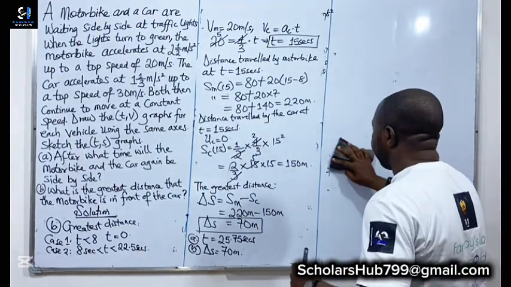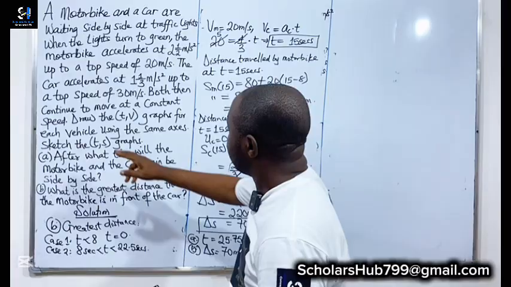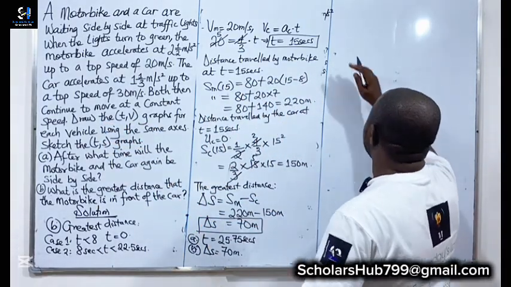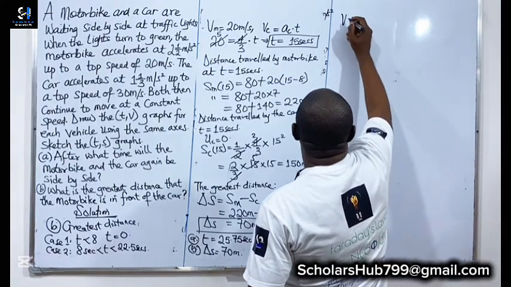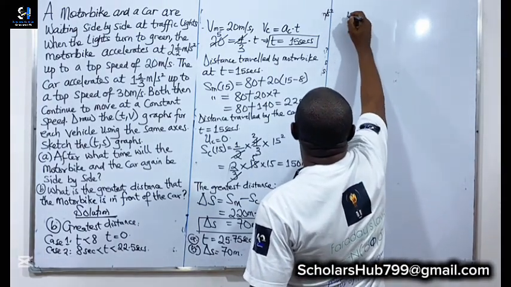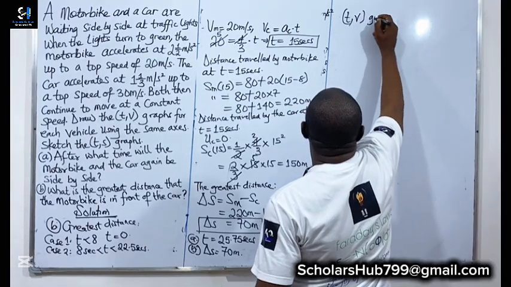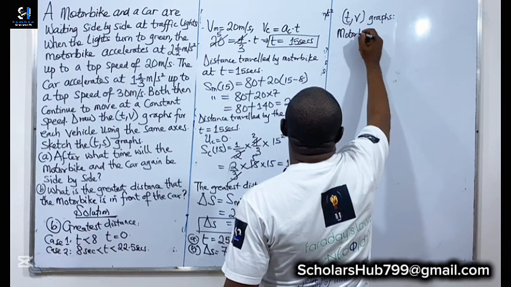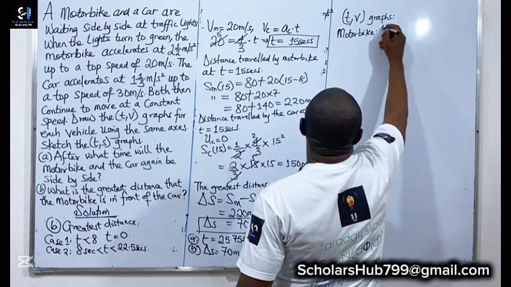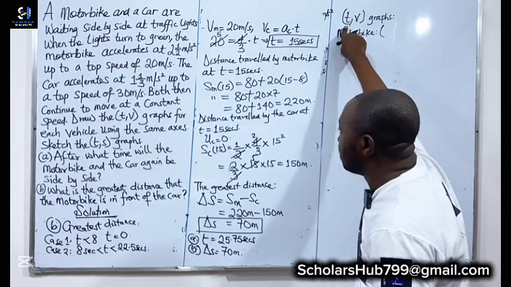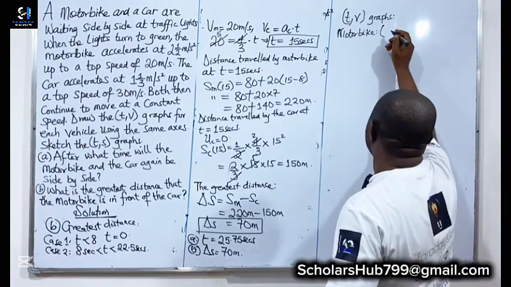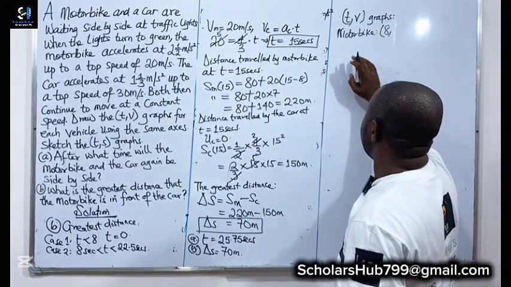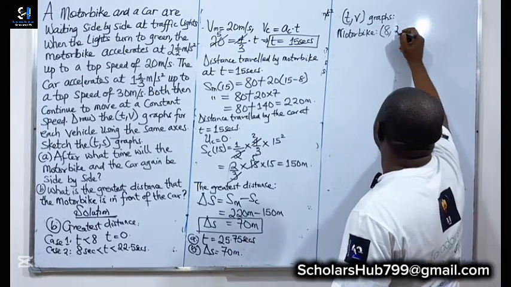Now in the question, we can see that it said draw the VT graphs for each vehicle using the same axis. So we have the VT graph. For the motorbike, the time we calculated was 8, and the velocity was given to be 20.